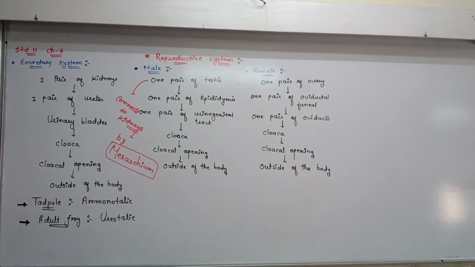One pair of testes is connected on the lateral side of the kidneys, and the testis is connected to the kidney by mesorchium. Mesorchium is nothing but the connective tissue which connects the testis to the kidney in proper position.